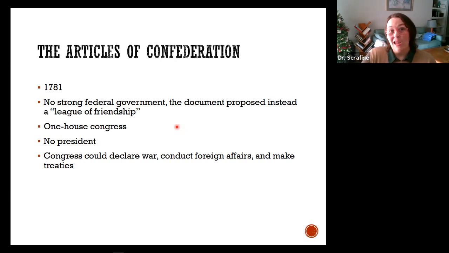Some, like Alexander Hamilton, are already pushing, we need a stronger federal government, in part to protect property. Washington's like, I'm not so sure about that. In 1786 and into the early spring of 1787, Hamilton is trying to organize, get support for a constitutional convention.